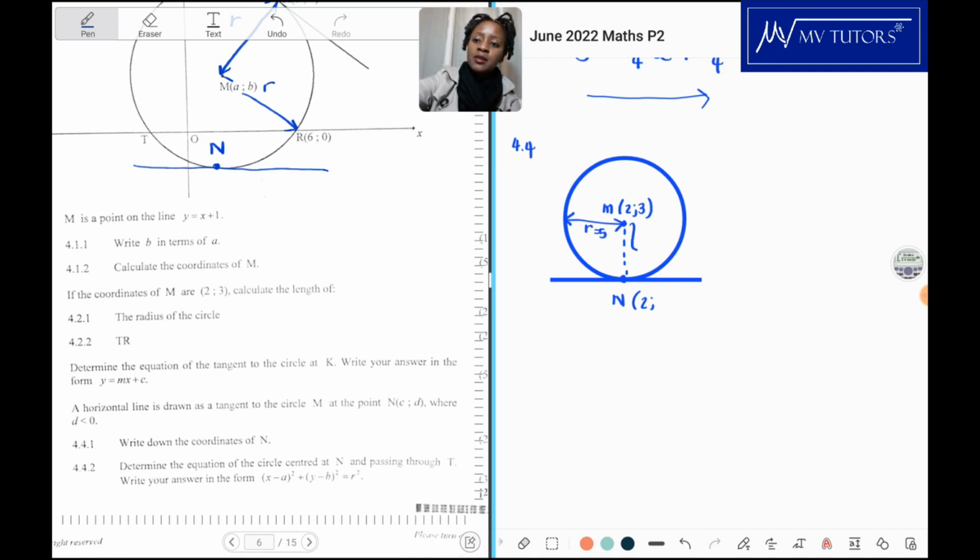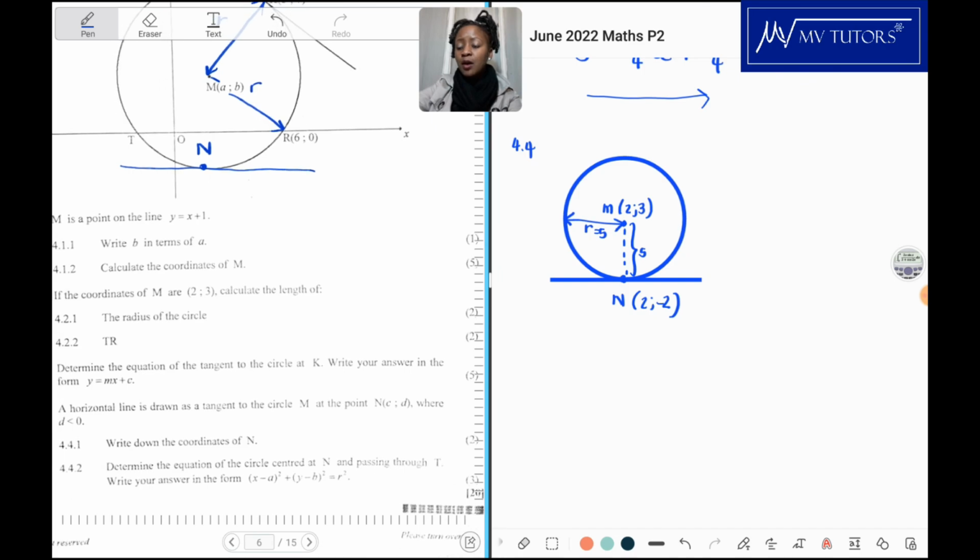So this is also 5 units. Therefore, to get the y value for N, I'm going to say 3 subtract 5, so 3 minus 5 gives me negative 2. And that is how I get the y coordinate of N. I hope that was simple enough, and that was just 2 marks.